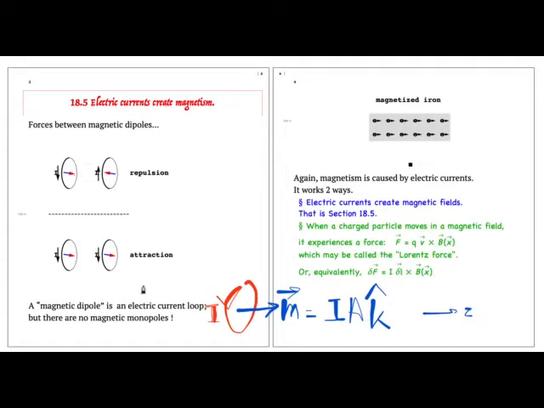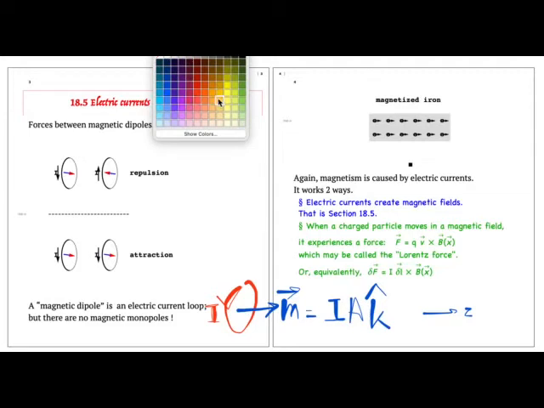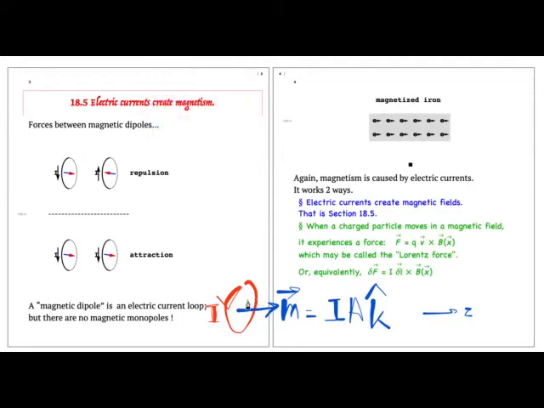So this side of the loop is like a North Pole, and this side of the loop is like a South Pole. So there's a dipole field. It comes out of the North Pole, goes into the South Pole, and circulates around. And similarly down here.